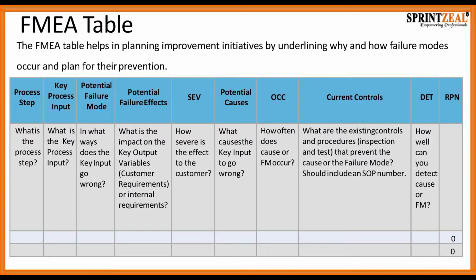Then we have to list what the potential failure mode is. So in what ways does that key input go wrong? Then we look at the potential failure effect, and then we look at severity, we look at potential causes of that severity, the occurrence, then the current controls that are in place, and then for detection. And that's how we get the RPN number.